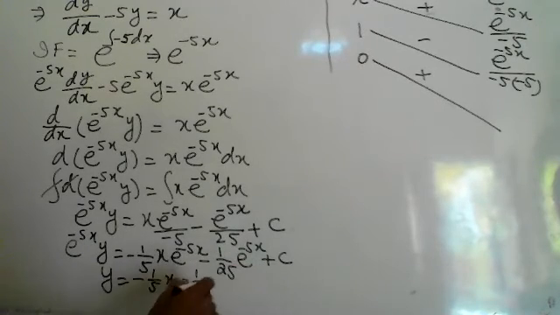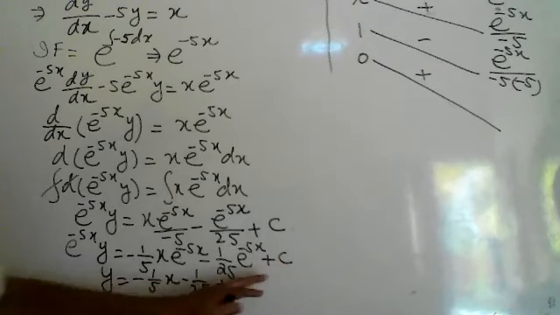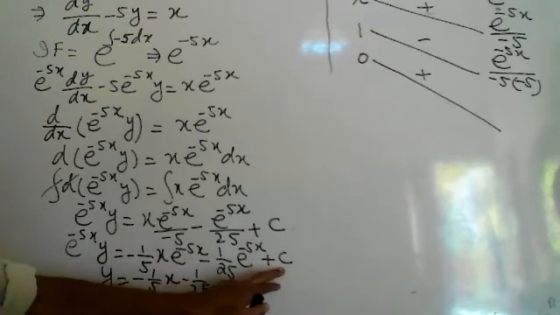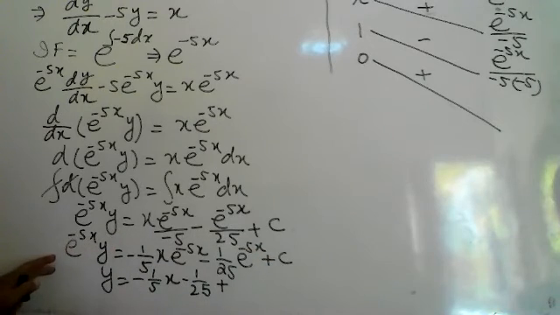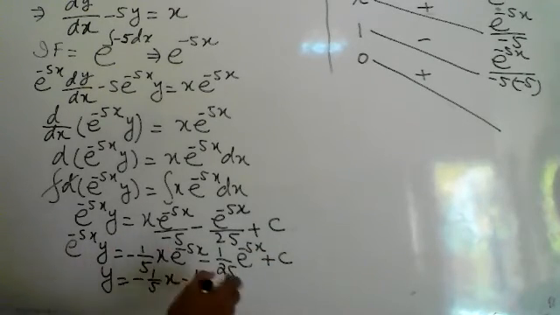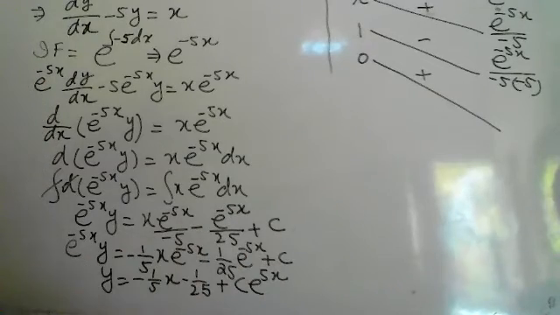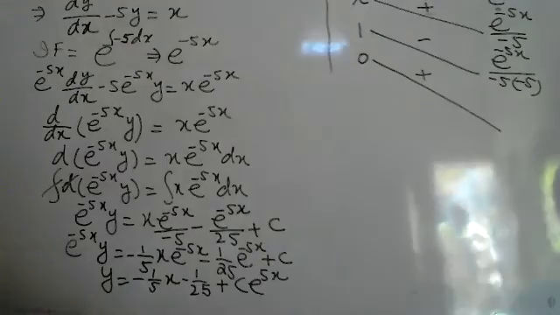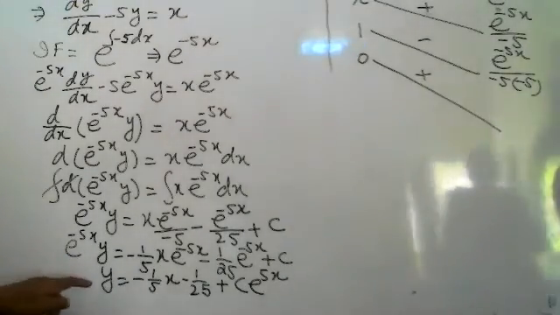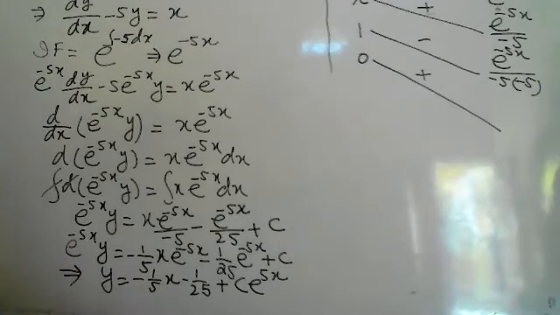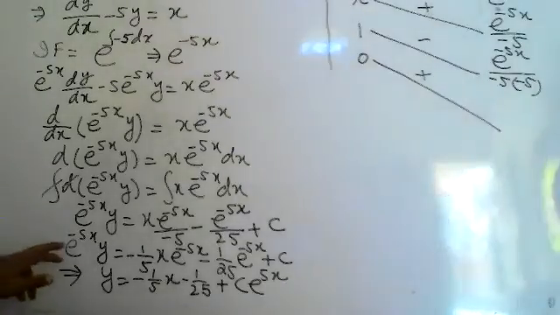And this is c divided by e raised to power minus 5x, which will become c e raised to power 5x. This is also the answer. You may find the answer in this form or this one. Both are correct.